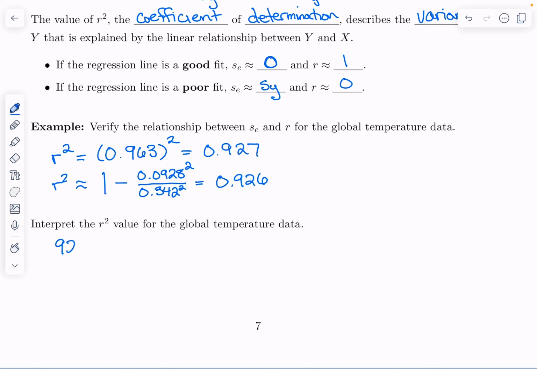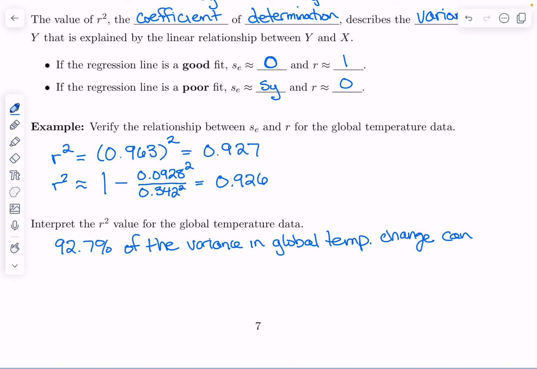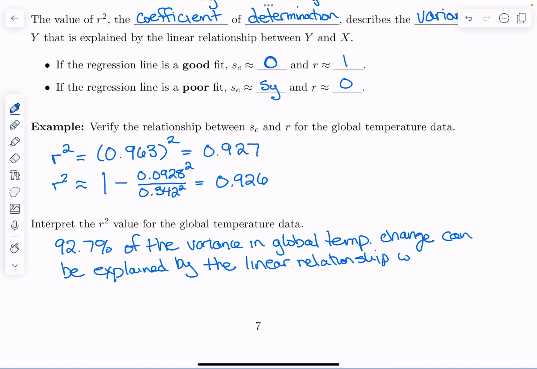So that means that 92.7% of the variance in y, which is in this case global temperature change, can be explained by the linear relationship with CO2 levels in the atmosphere.